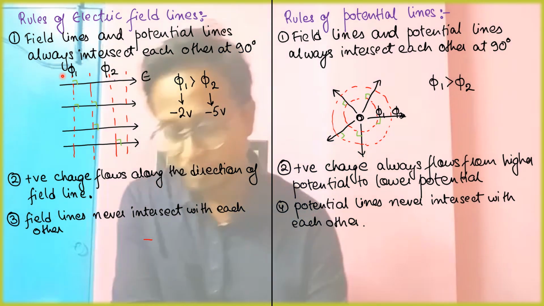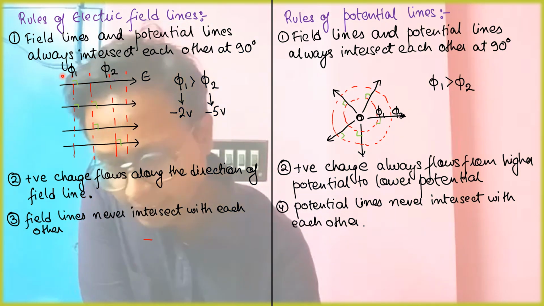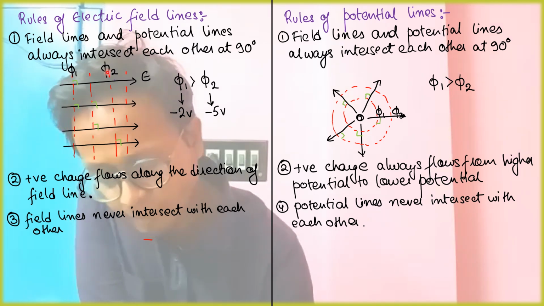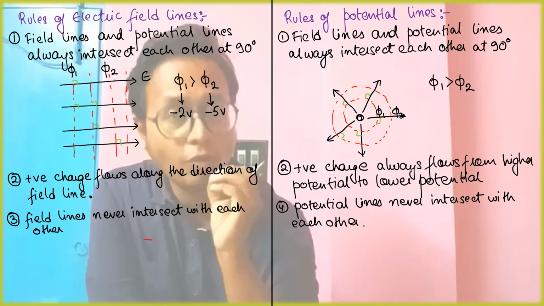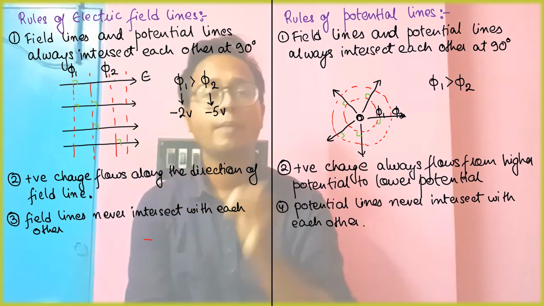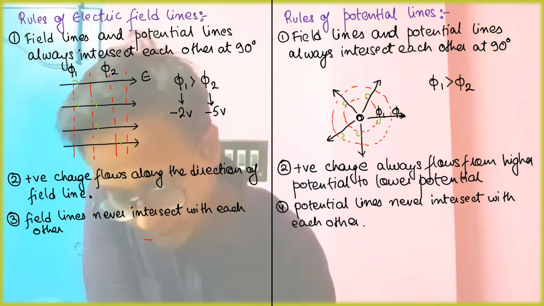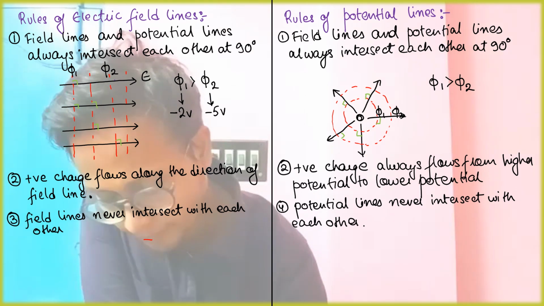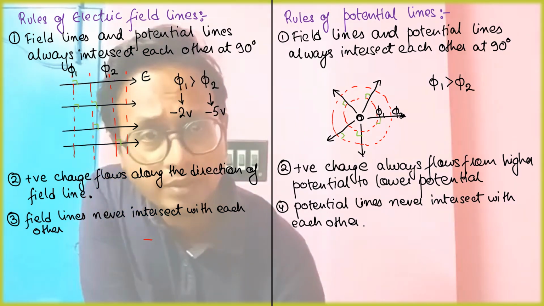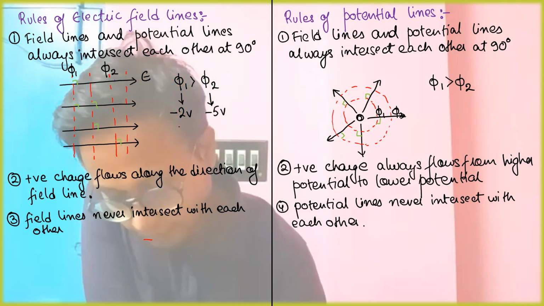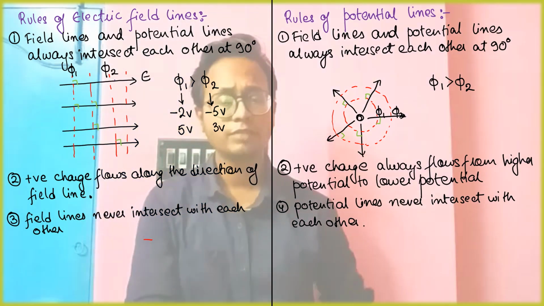So if two potential lines are there, minus 5 volt and minus 2 volt, the positive charge would always flow from minus 5 volt to minus 2 volt. Similarly, if two potentials are given, 5 volt and 3 volt, where would the positive charge move from?